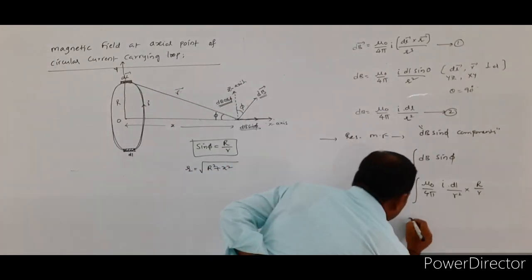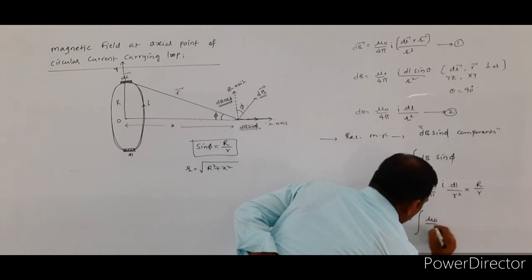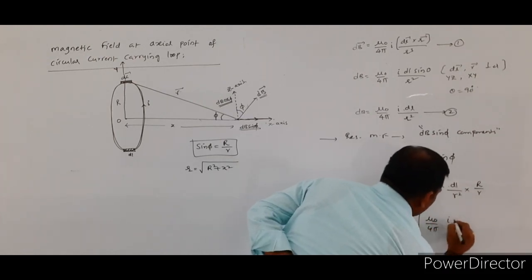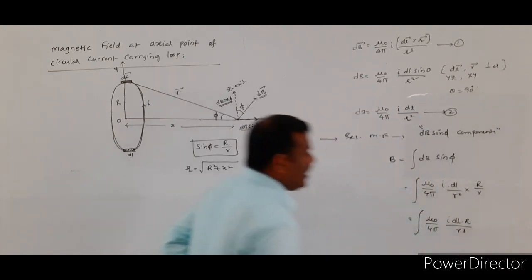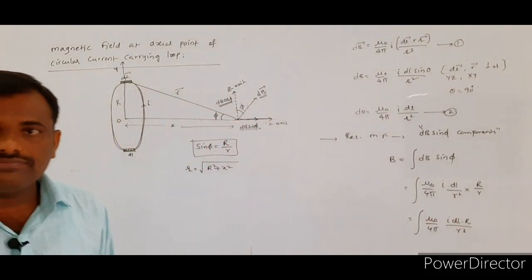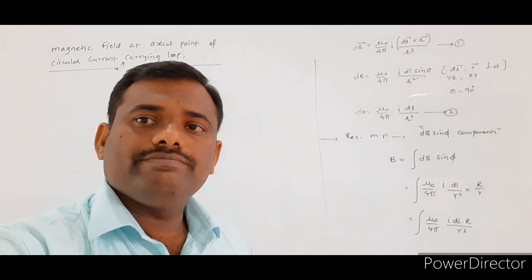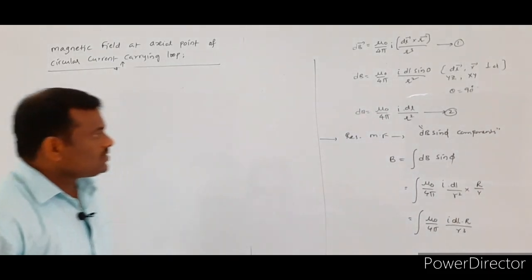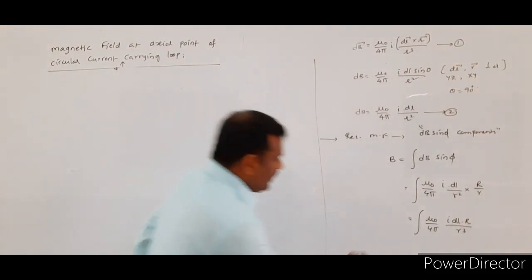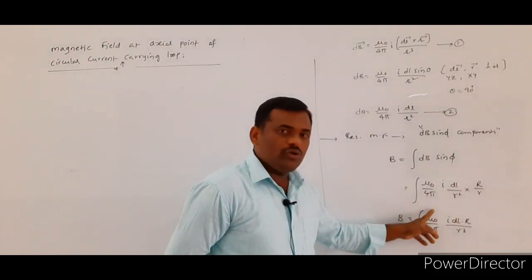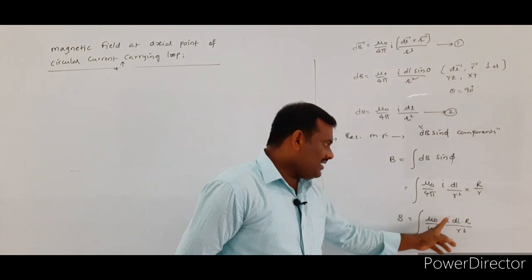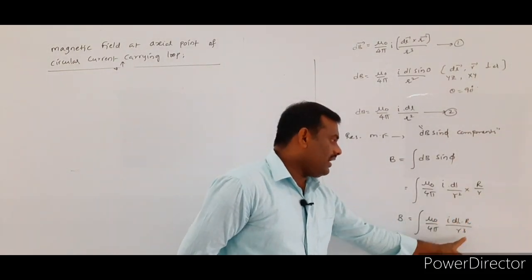So this value is equal to mu naught by 4 pi I into dl into R by r. Now see, what you got here, B is equal to integral of mu naught by 4 pi I dl capital R by small r cube.